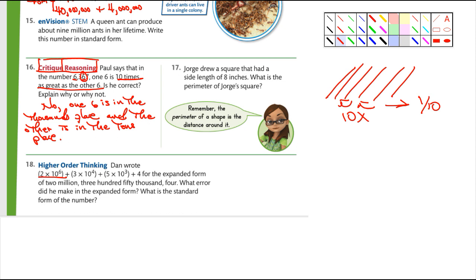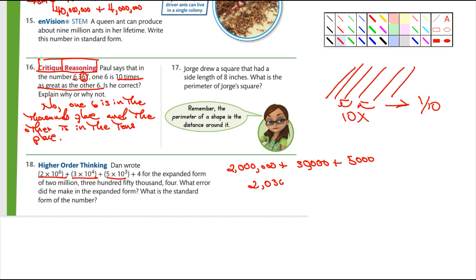So what's 2 times 10 to the 6th? That's going to be 2 followed by 6 zeros. And then 3 followed by 4 zeros. Plus 5 followed by 3 zeros. So that's going to be 2,030,000.